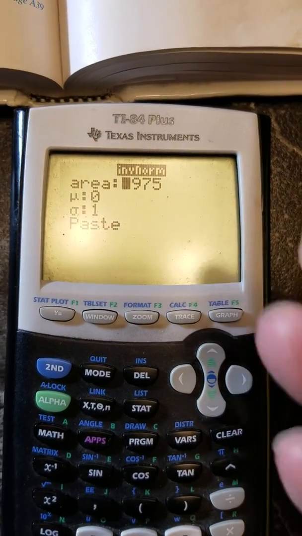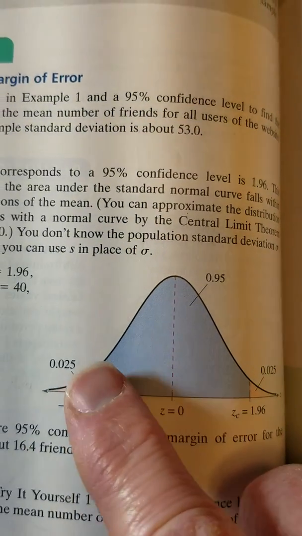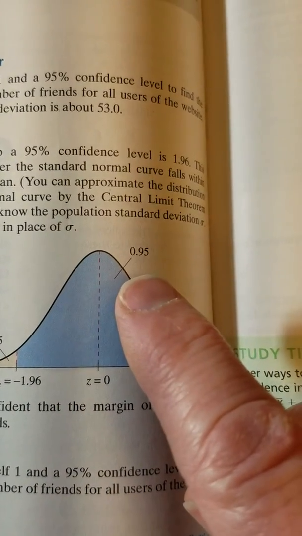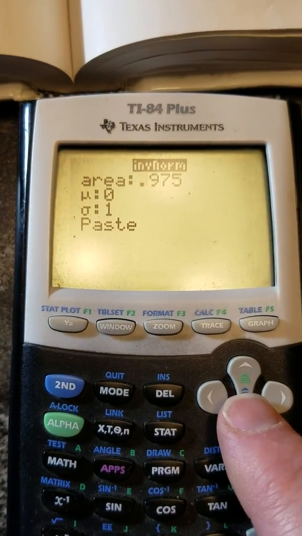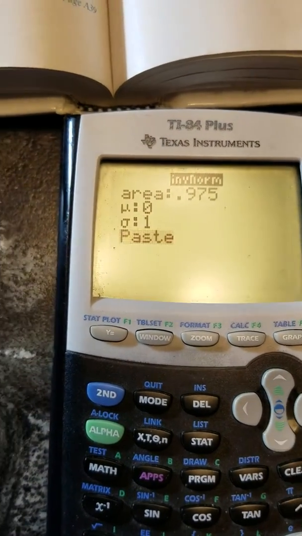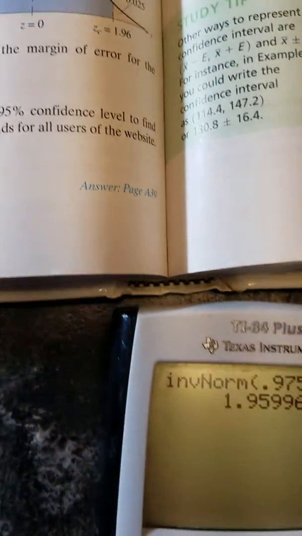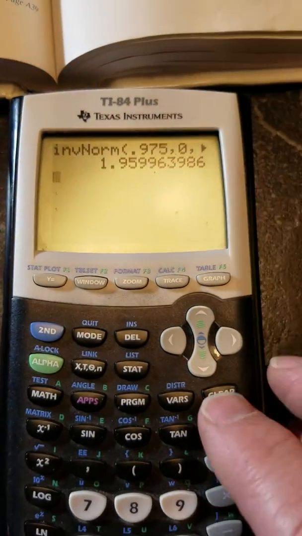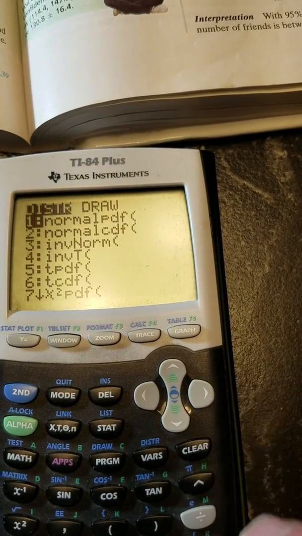And we don't put in 0.95, we either put in 0.025 or we put in 0.025 plus 0.95. Right now I have the two added together, so I'm going to do that one as long as it's there. There it is. You see I'm getting that 1.96 that's at the top.